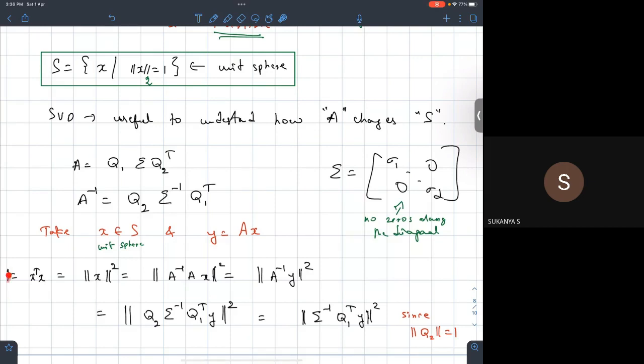If I take an x from the unit sphere, I know that x transpose x is 1, norm x square equals 1. And I can trivially write x as A inverse A, which is identity, times x, with a square. And A x in my notation is y. So until here, is this okay?